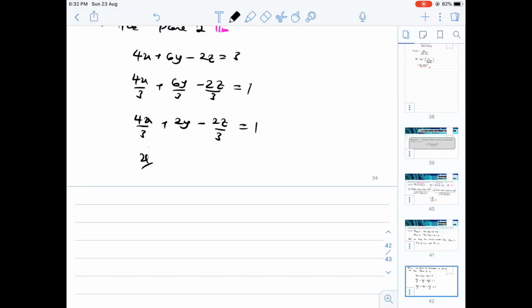So we can rewrite this as x over 3 over 4 plus y over 1 over 2 minus z over 3 over 2, equals 1.